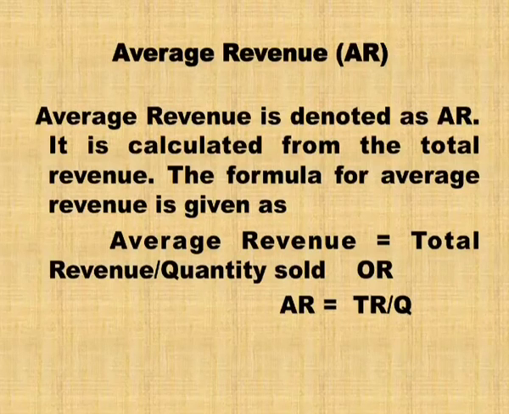Symbolically, as you can see, AR equals TR upon Q, and since Q is repeated in the numerator and the denominator, because TR is nothing but P into Q, we get AR is nothing but price itself. Average revenue and price of the commodity are hence one and the same.